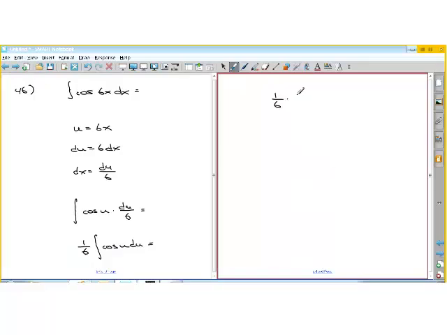And the integral of the cosine is, if you go to page 250 and look at the formula, the sine. And then we add an arbitrary constant because we're doing an indefinite integral. And then finally we plug in what u is equal to, which is 6x. And so that is the answer.